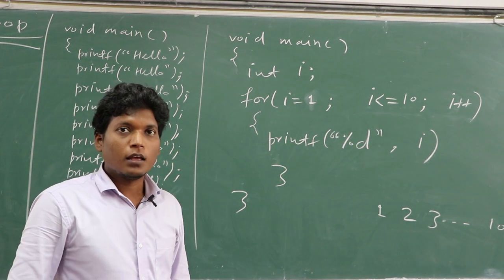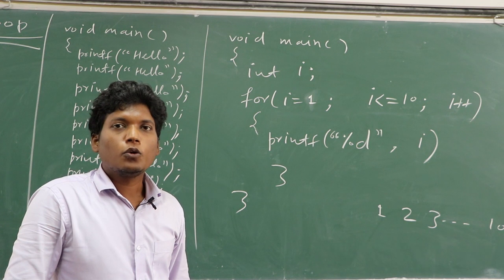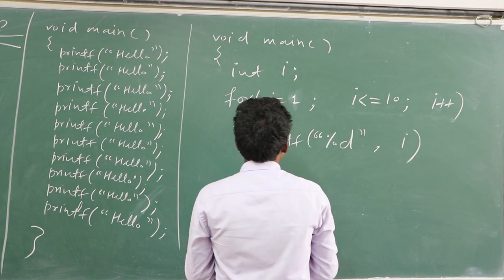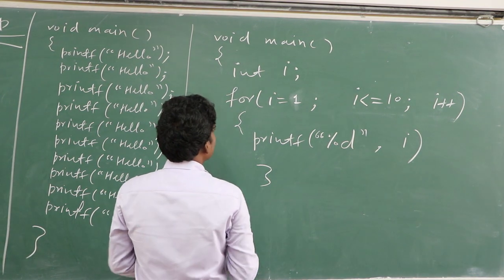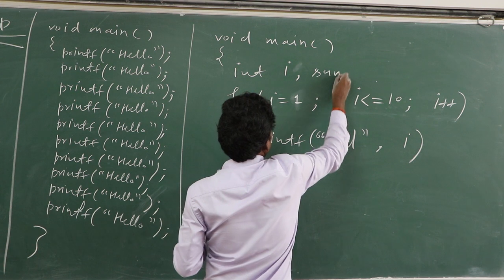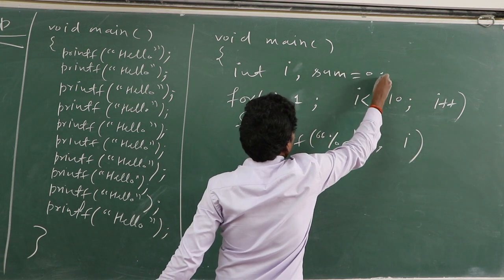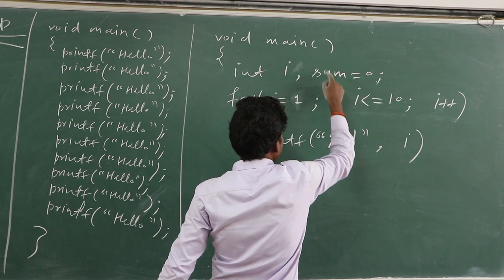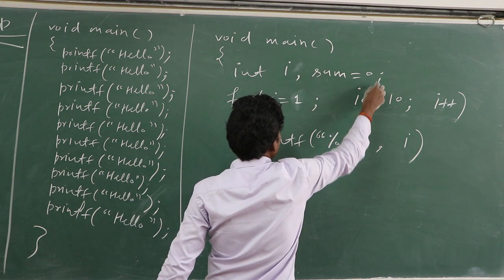Another problem: write a program in C to calculate the sum of 10 natural numbers. To sum, there is a need for another variable, sum equal to 0. This sum variable receives the result of the 10 natural numbers.